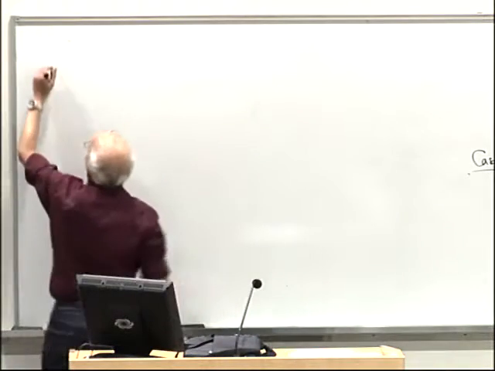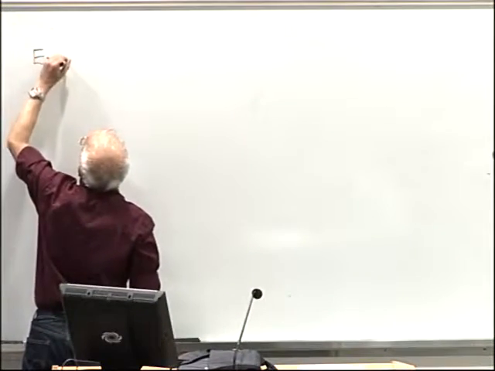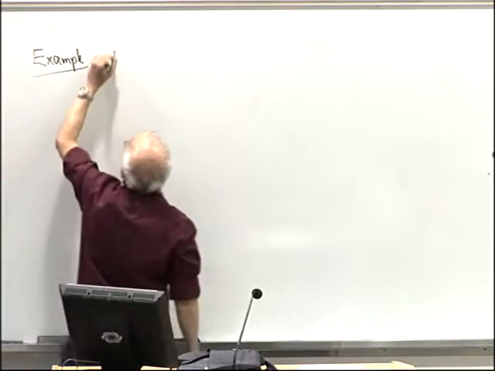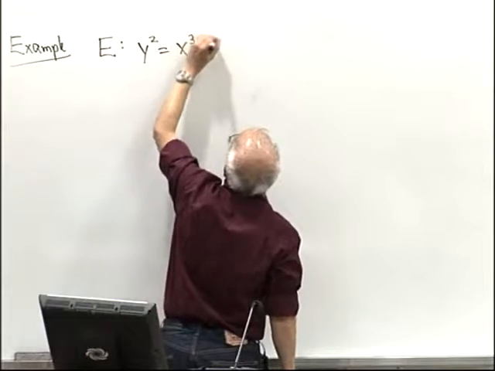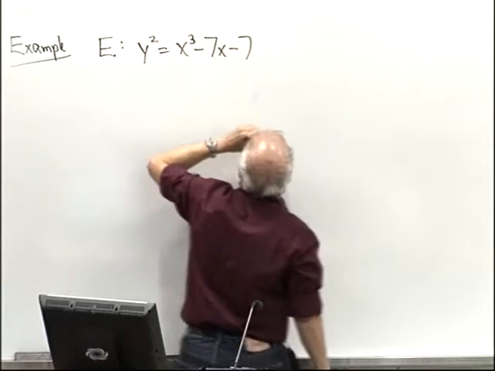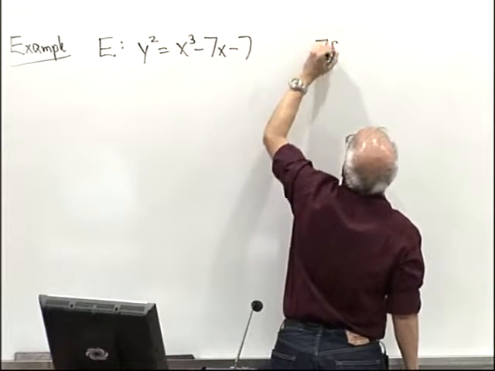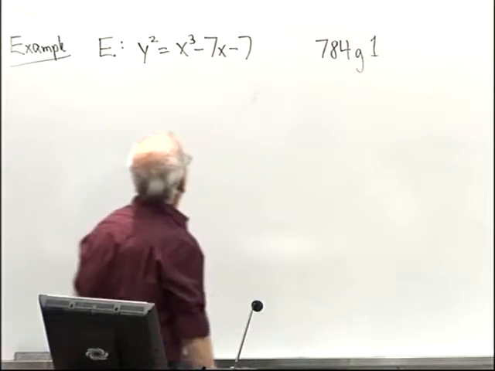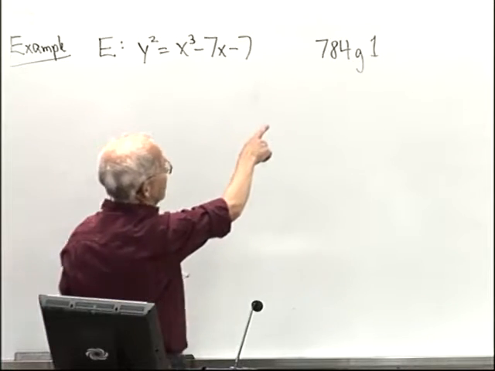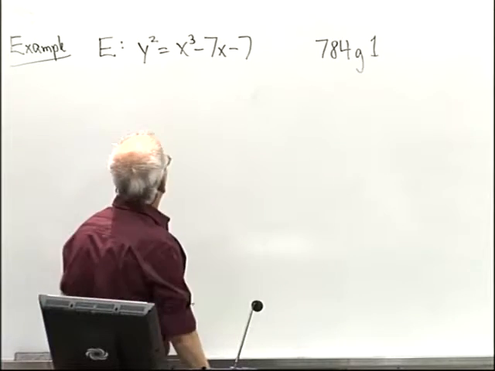So my example, I'm going to take E to be the elliptic curve y squared equals x cubed minus 7x minus 7. And this is 784 G1 in Cremona's tables. So the conductor is 2 to the 4th times 7 squared.